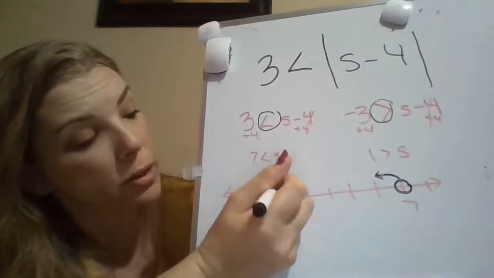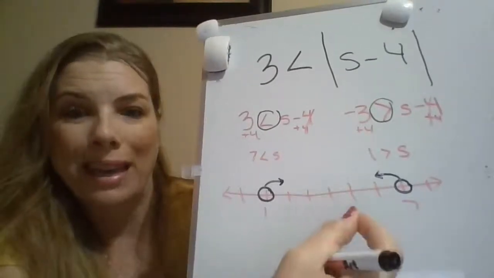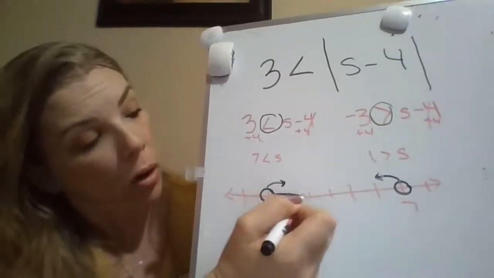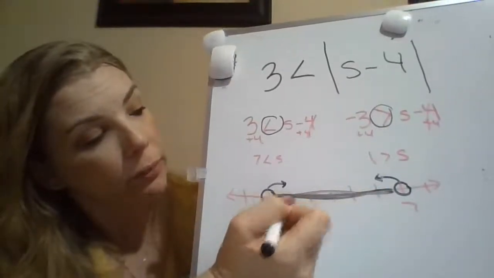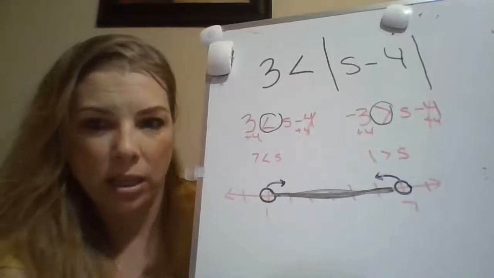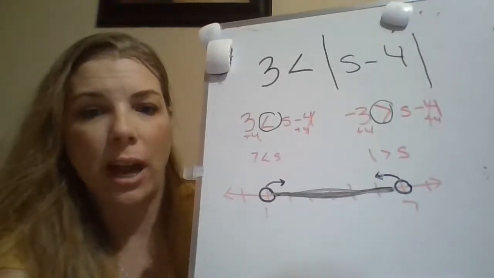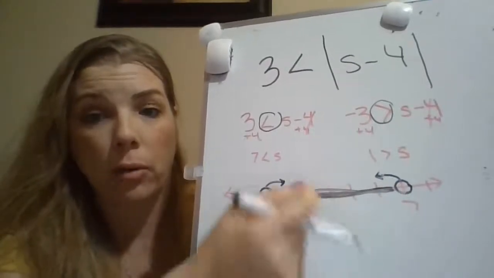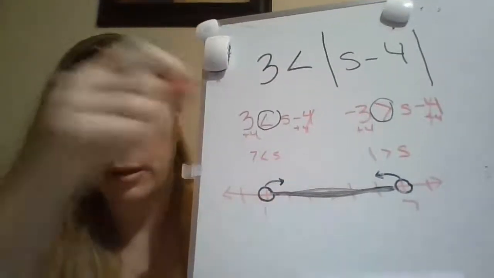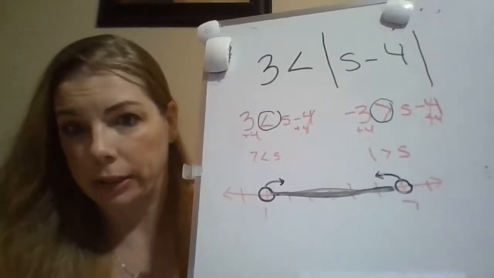So bigger than 1 goes this way. See how they're both going in? So all of this right here, this whole section right here, is where your shading goes. So when you guys are doing this on IXL, put your open dot, and your shading, whether it's both out or both in. Okay, hopefully that's good.